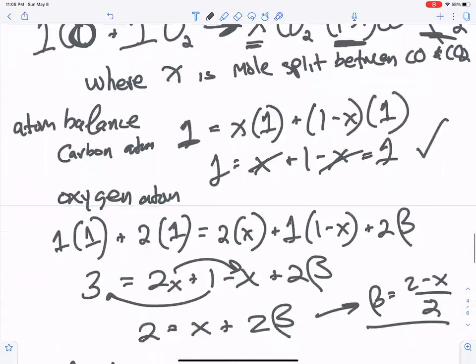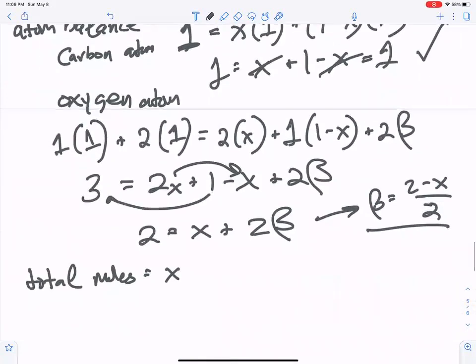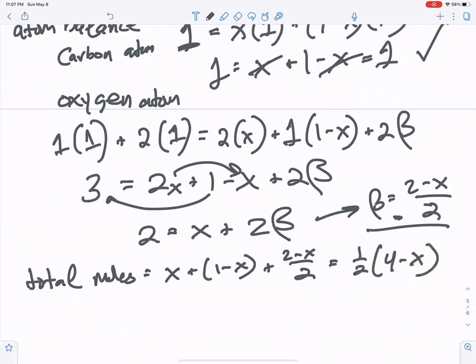We just found that, so we can express this all in terms of x. And simplifying that, n total is 4 minus x.